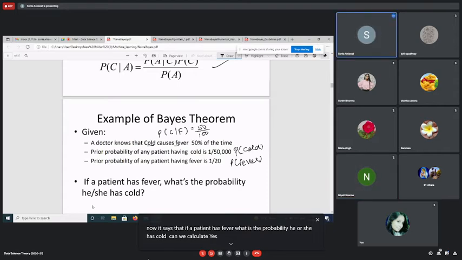ये वाला factor ये होगा. So class, this will be the probability of fever having cold. ठीक है. So 50 upon 100 is P of fever having cold. So you have to calculate the reverse of it, that cold होते fever होते हुए cold है.